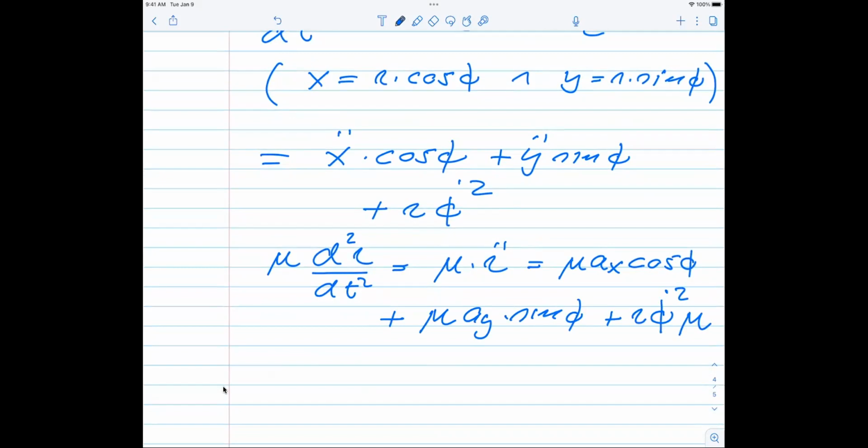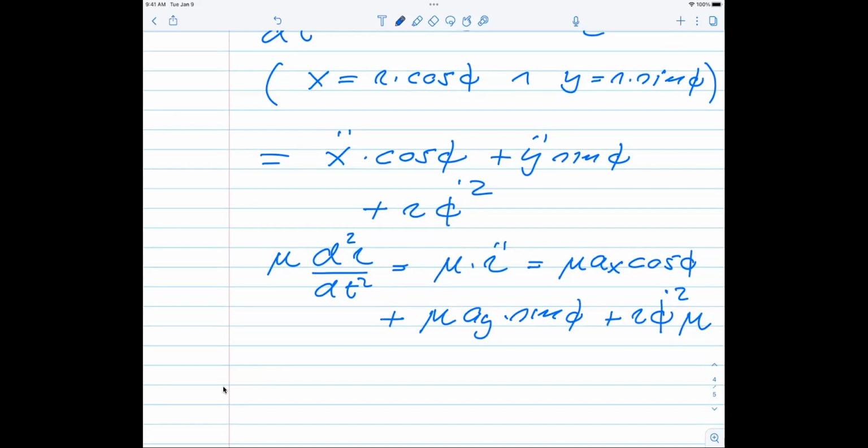So the first term, mu times ax, this is actually the force, right? So this is the force in the x direction. If we now multiply this with cosine of phi, what we have there is nothing but what defines the force in the x direction. And similarly, we would now have a force in the y direction.